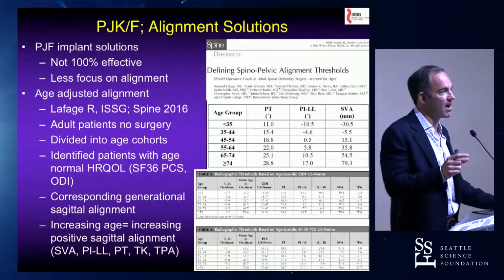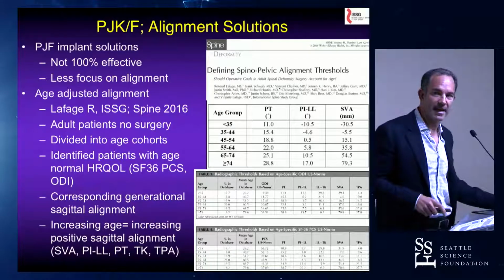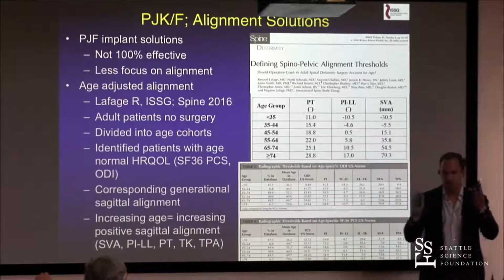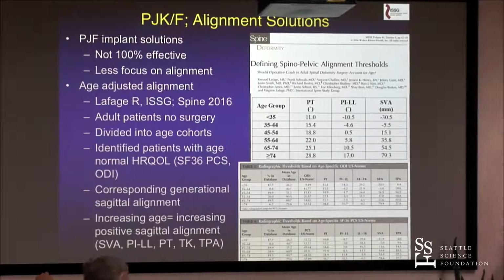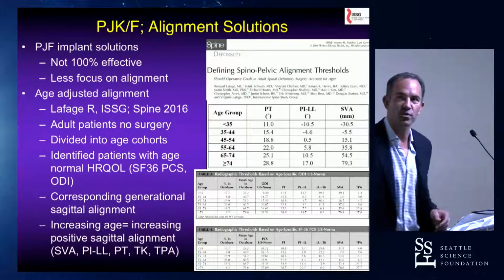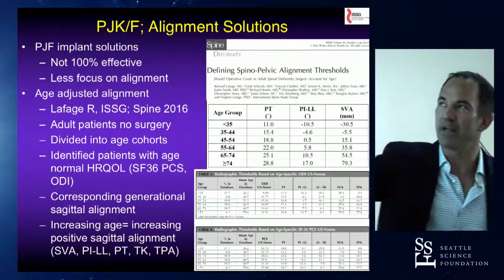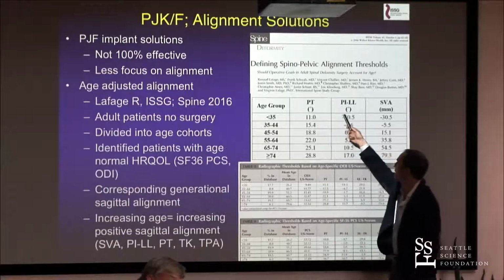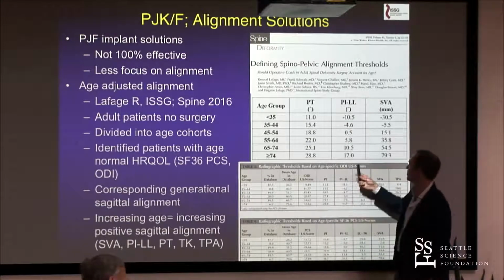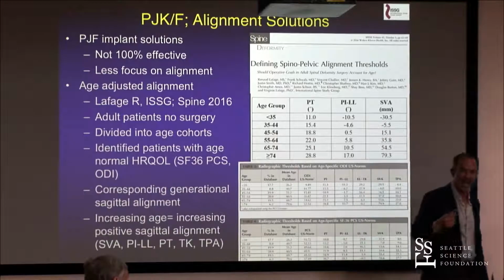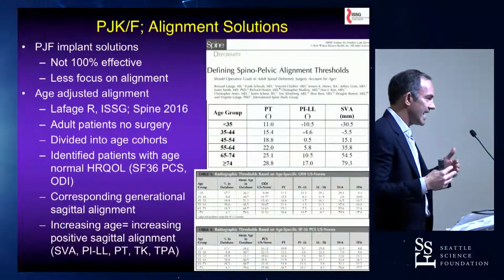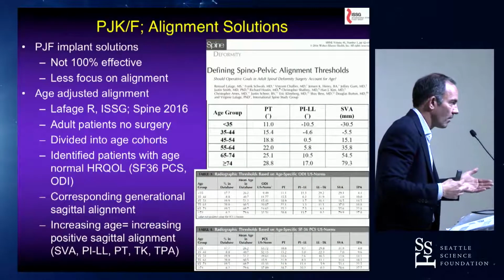Then, based on the norm on the ODI, which is right here, and the SF36 PCS, we took the sagittal alignment parameters and applied them to those generational norms, which is where we get these values for pelvic tilt, pelvic incidence minus lordosis, lordosis gap. We all know these parameters at this point, hopefully by now, and SVA. And as you see over time, the patients, as they age, normally go forward.